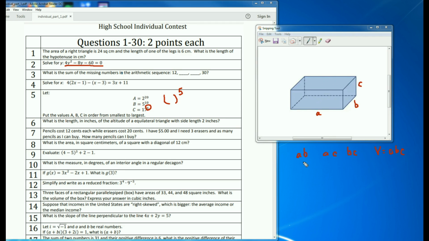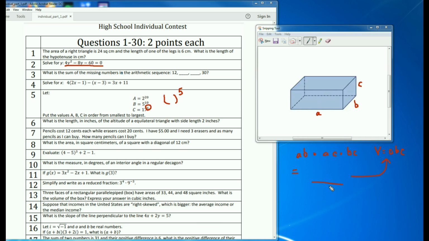Because you know these 3 quantities, AB, AC, BC. What do you get if you multiply AB times AC times BC? Just multiply those variables together, see what you get, and then see how that compares to the volume. All right, so there's your hint on that one.